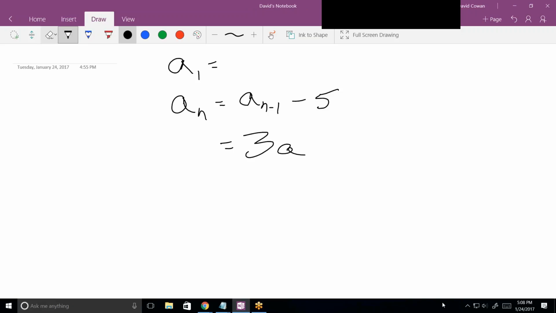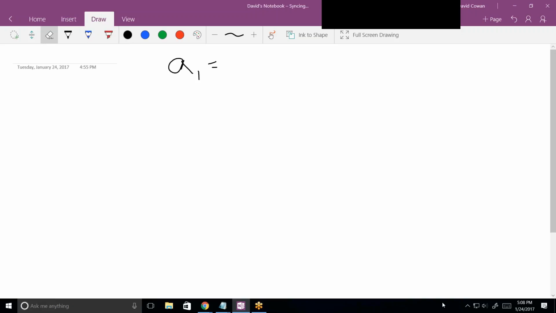Let's start at the beginning. What's A sub 1 equal to? It's equal to 2. And what's A sub n equal to? A sub n is equal to 3 A sub n minus 1.